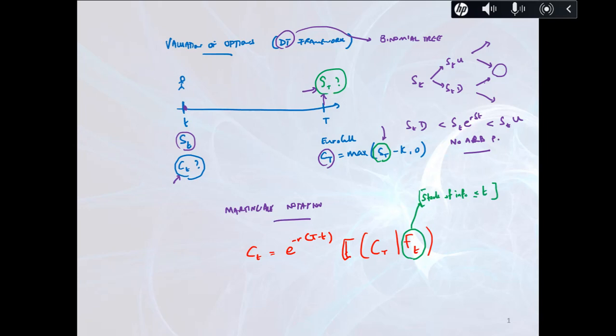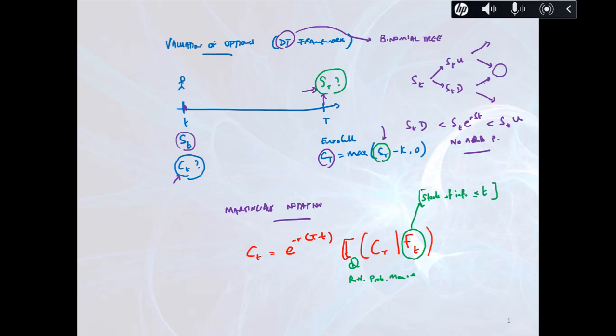Mathematically it will be defined otherwise. This should be clear to you, but we won't stress on this here. Now, the second thing I want to stress is the risk neutral probability measure. In contrast to the probability measure P, which is the market probability, the historical probability observed on the market, this probability Q, which is also known to be synthetic, artificial, is constructed to ensure the fair pricing of options.